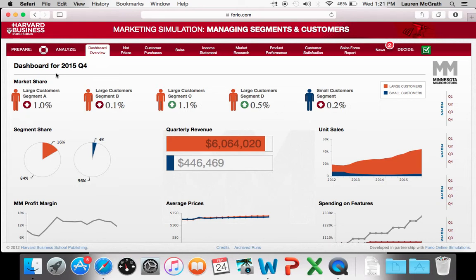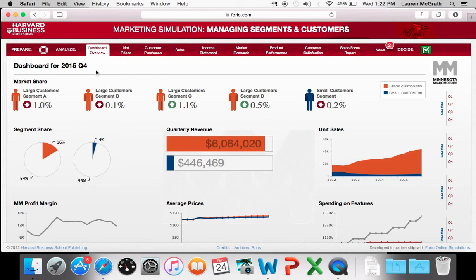For large customer segment A, it's important to look at the needs of that segment. We know they wanted the high power to size ratio, but we also need an analysis of them. We know that they are not price sensitive. We know that they are loyal to us.